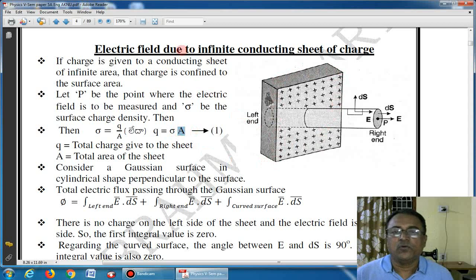And in this case we want to know what is the electric field generated at a particular point due to this charged conducting sheet. I want to know the electric field intensity at the point P. So P is the point where the electric field intensity is to be measured, and at this point P I will place a unit positive charge.